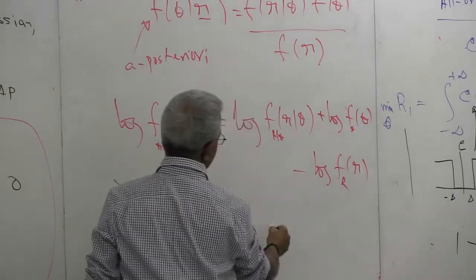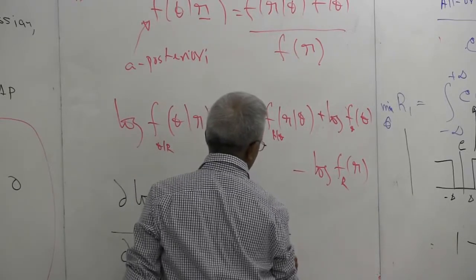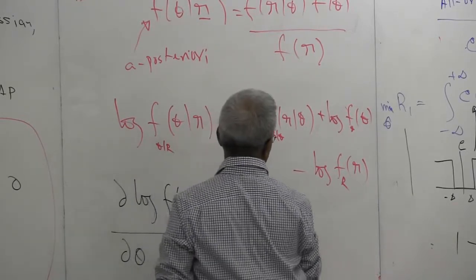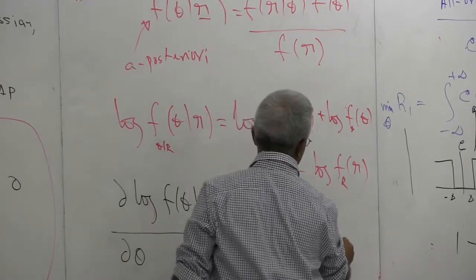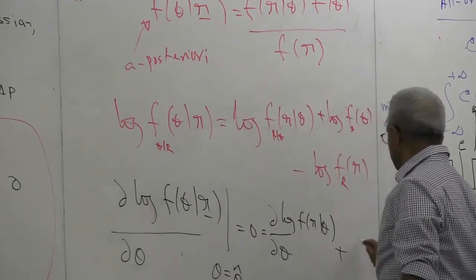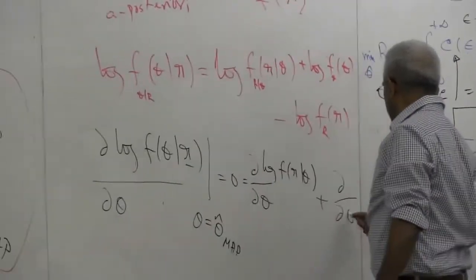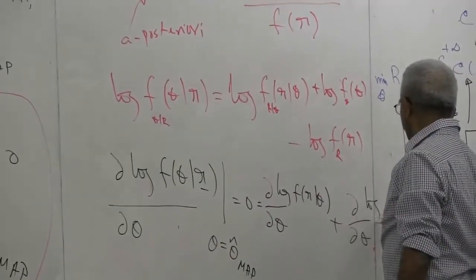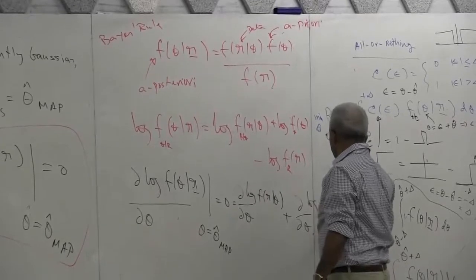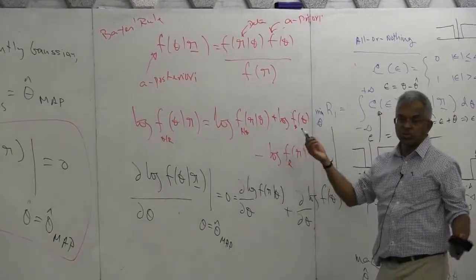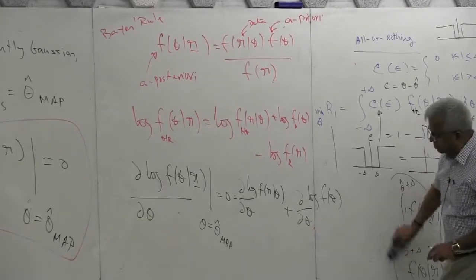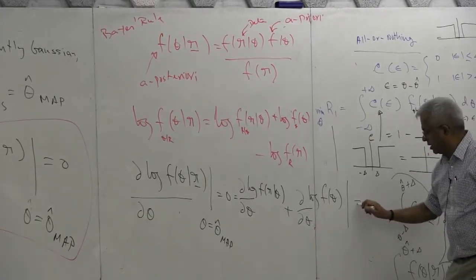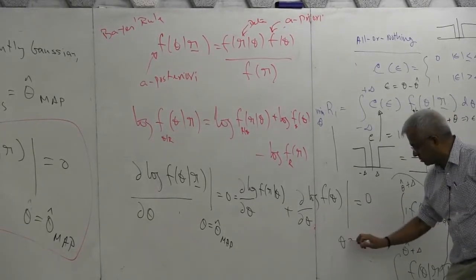That's the same as taking the derivative on the right side with respect to theta. So that's the logarithm of f of r given theta plus the derivative of log of f theta. And the derivative of log of f of r with respect to theta is 0. So you only need to take the derivative of these two terms. So you can do either the left side or the right side.